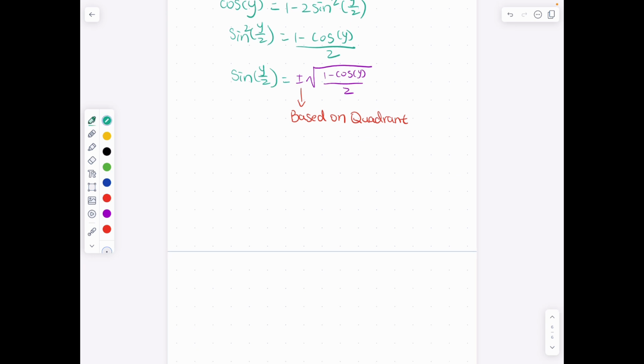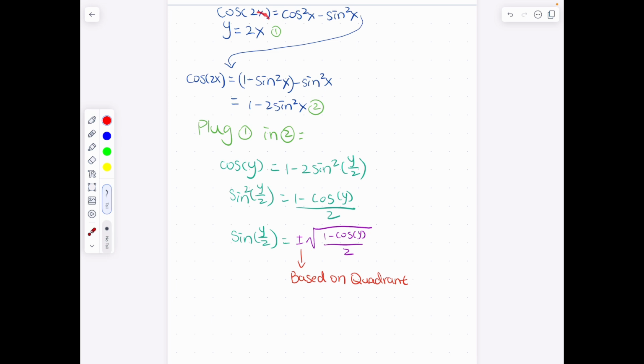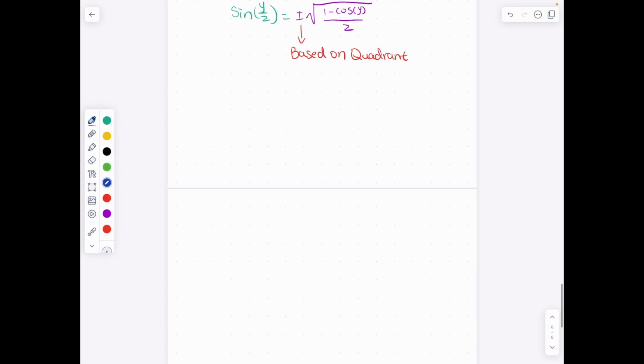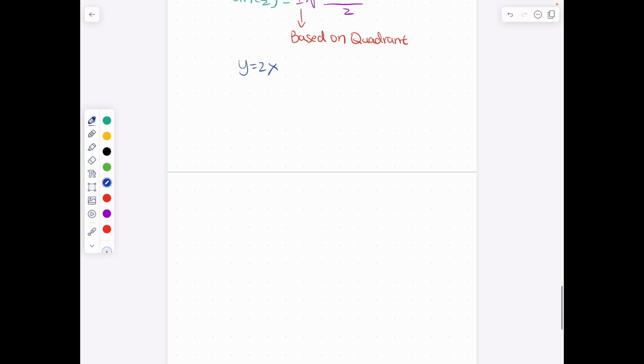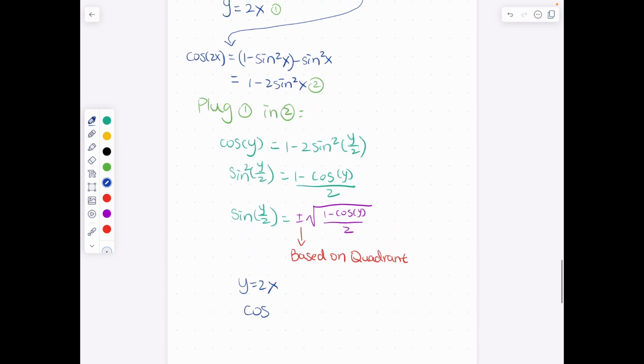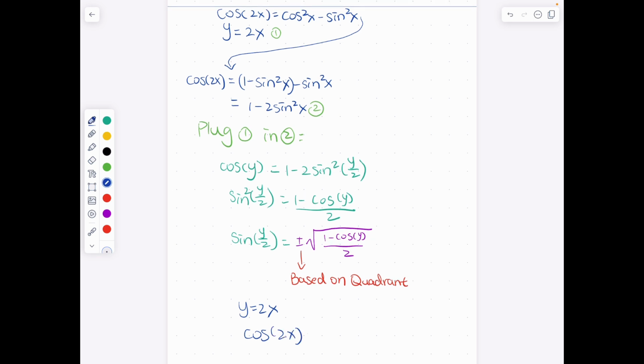So very similarly for cosine. We will still use this, and this is still valid. Let me write that one more time: y equal to 2x. So cosine of 2x is equal to cosine squared x minus sine squared x.